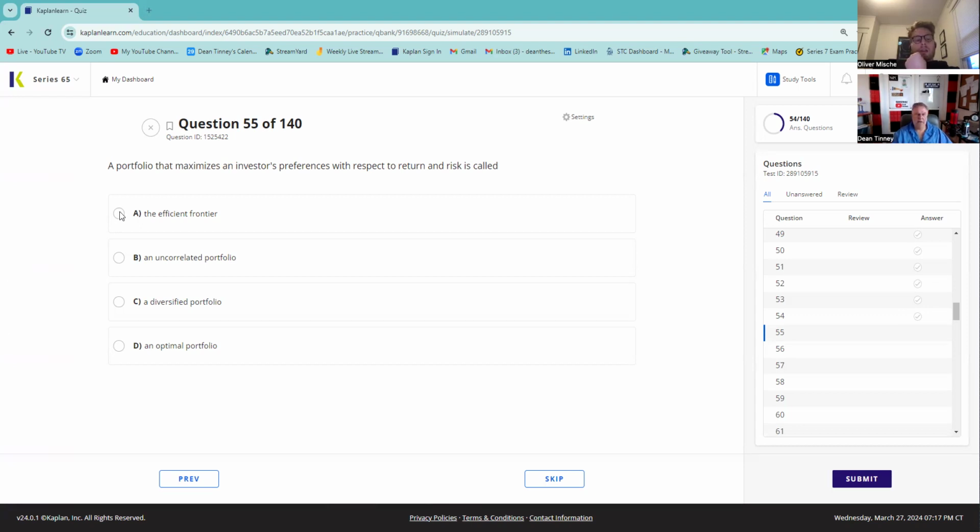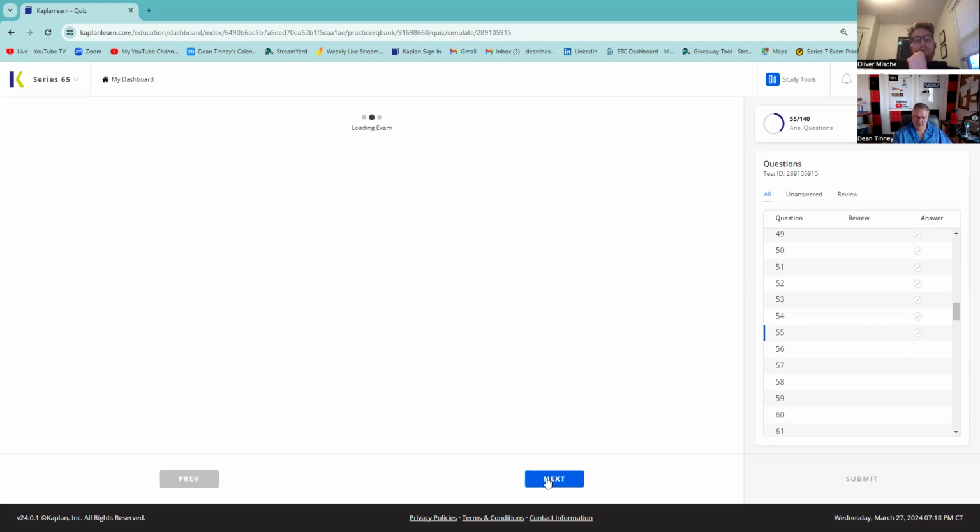The efficient frontier would be a set of portfolios, not a particular portfolio. It's a good miss, but for the investor's preferences, the efficient frontier is the total set of feasible portfolios. This is the optimal portfolio, which is kind of stupid, but the efficient frontier could have been an answer, just not to this particular question.